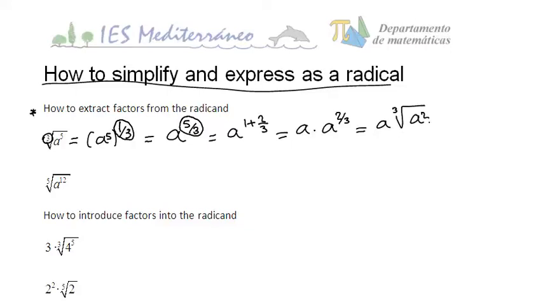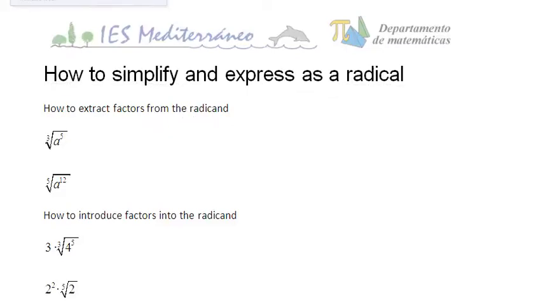Okay, that's the explanation, but we don't do that in practice. What we do in practice is just divide 5 by 3, and then we know that there is one group of 3 that goes out of the root, and then we leave 2 inside the root.